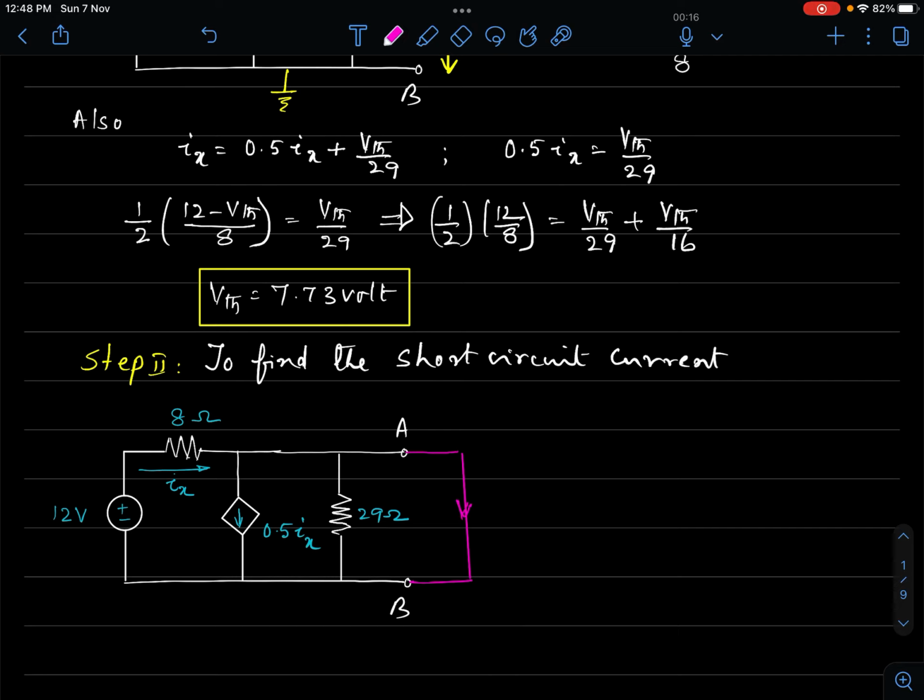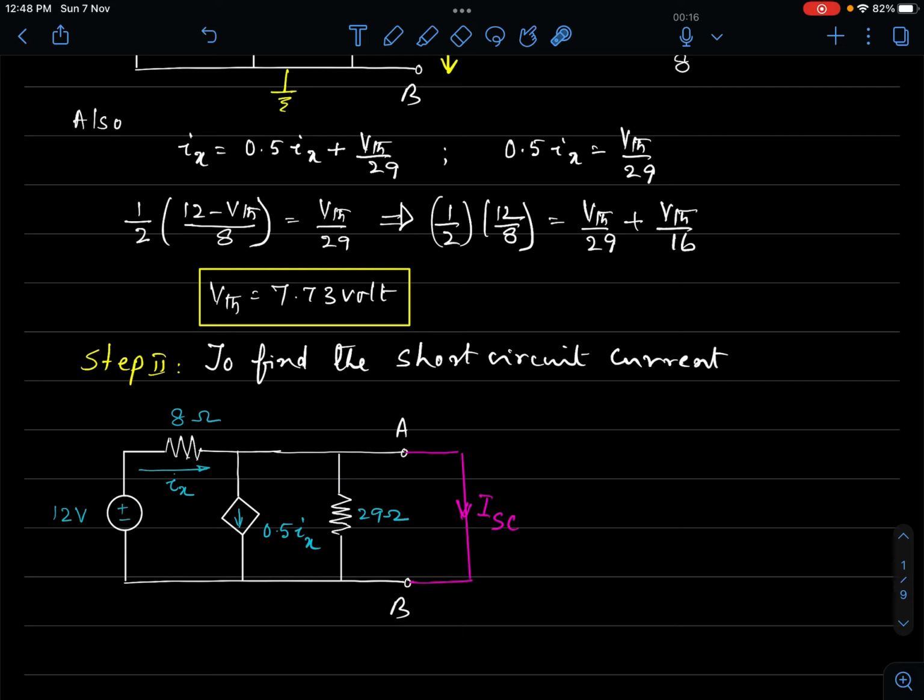So what is the current that would flow now in this path? It is ISC, the short circuit current. We have to remember that this short circuit path is placed across this 29 ohm resistance, with the sources on this side. You have 29 ohms and you have a short circuit. Will the current that comes into the junction pass through the 29?